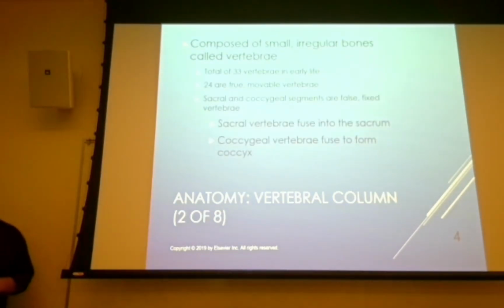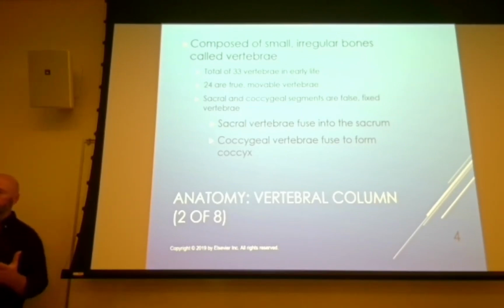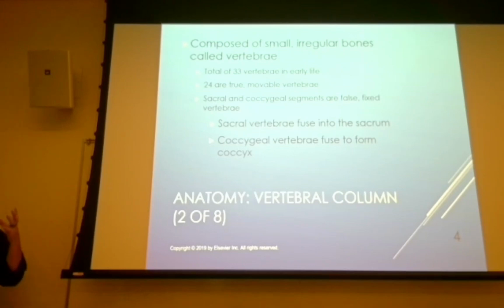So what we have, a typical skeleton, we have 33, 24 true, the other they're fused. So you can't really separate them as individual vertebrae, but they're just fused together. It's kind of like the bones of a skull. You've got your skull, but you've got individual bones that are fused together to create it. And the ones that are fused are separately in the coccyx and the sacrum.